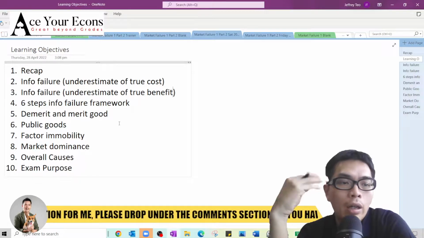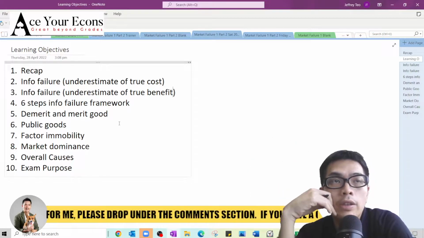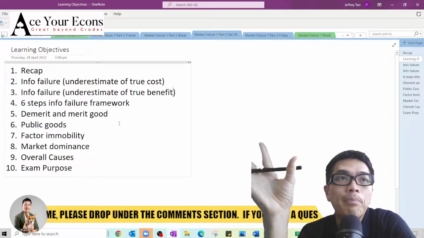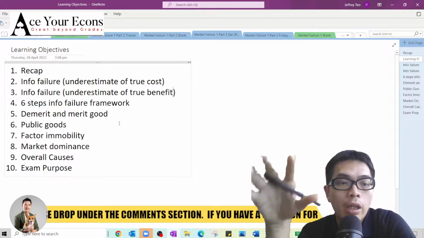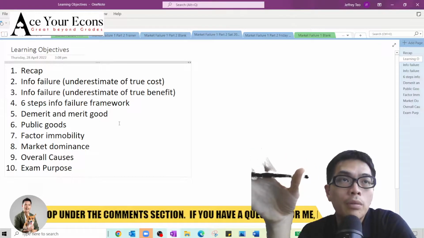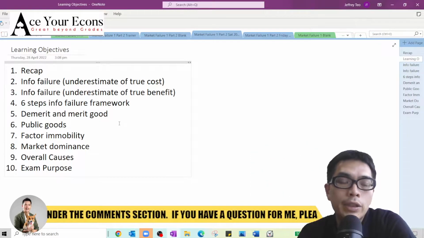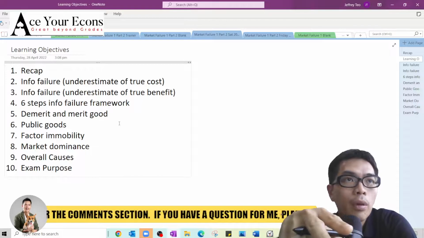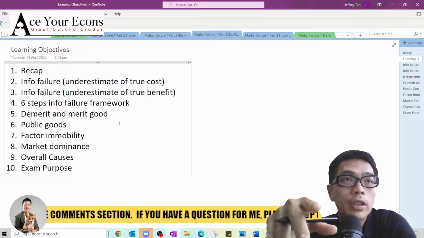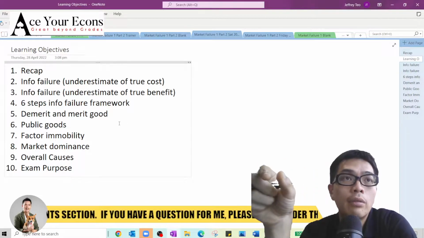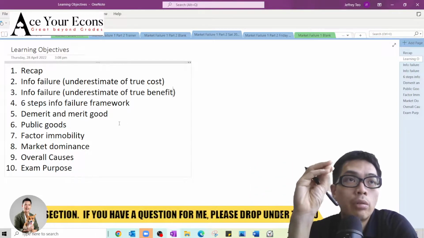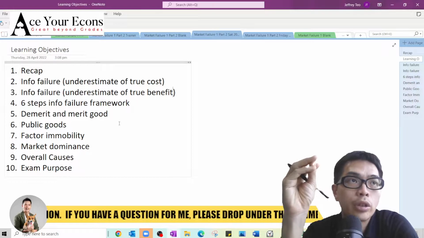After that, when we move on to overall causes, I'll give you a mind map of how we construct all the causes. And you'll see why this is so important, because we'll be moving on to policies. Before we move on to policies, we need to know what the problems are first. If not, we cannot propose the correct policy. Each problem will require a specific solution.